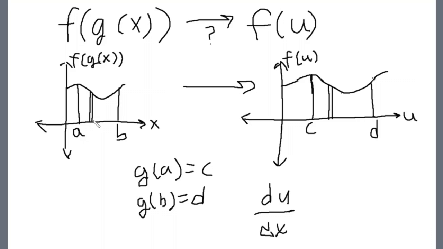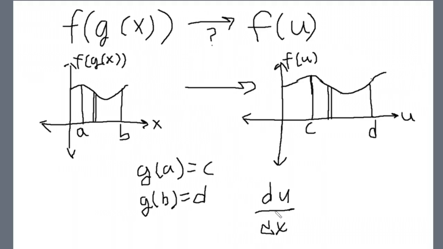Notice that on this graph, x determines the width of the rectangle, and u determines the width of the rectangle on this. We know that du dx is the rate at which u increases with respect to x. Therefore, the instantaneous change in u is du dx times as big as the instantaneous change in x.